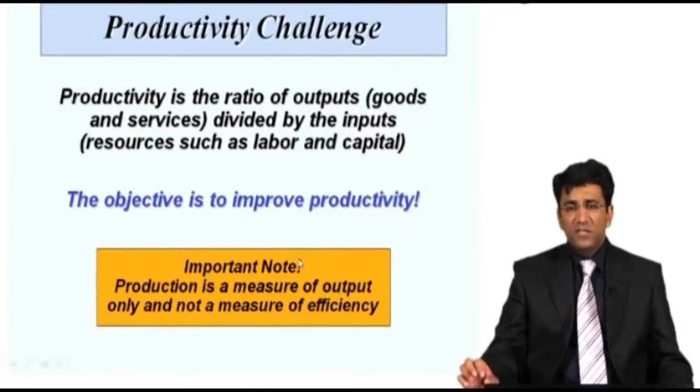Now if we compare this definition with the ratio of output to input, efficiency actually relates to the input and effectiveness actually relates to the output. So this is the way we can relate the combination of efficiency and effectiveness with this ratio of output to input. And ultimately the objective in any organization is to improve productivity.